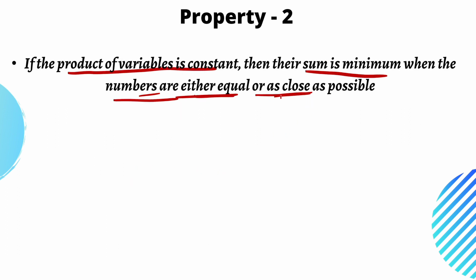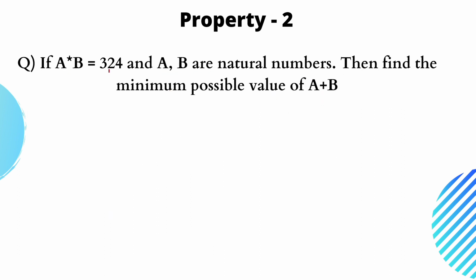And now we shall take the as close as possible case. Here the numbers are equal, 18 and 18, but we will take the as close as possible case. So if 324 was not given and if we were given 132, then 132 is not a perfect square.